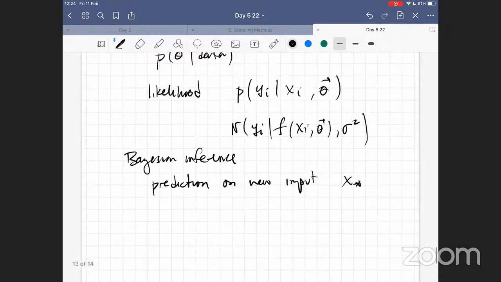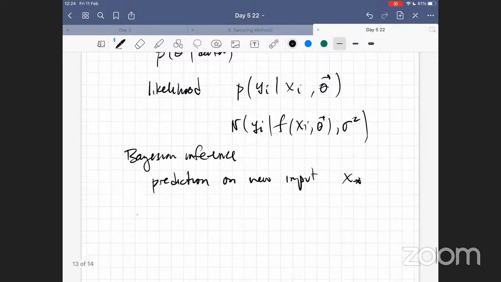Okay. Then the prediction on a new point will have a likelihood. So I want to write the likelihood of a new output given this new input and given all the data I have seen before. Let me say just training data, in the context of, I don't know, machine learning jargon, let's say.